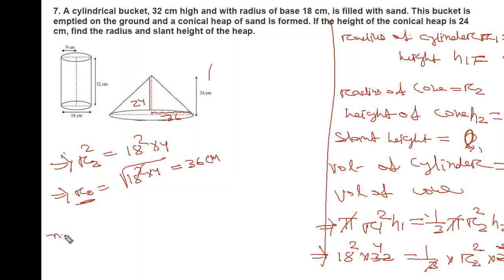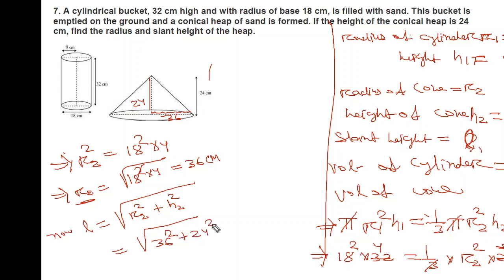So now L is equal to root over of r2 square plus h2 square, which is equal to root over of r2 is here 36 square plus h2 is here 24 square.